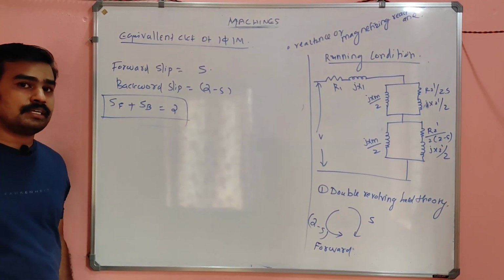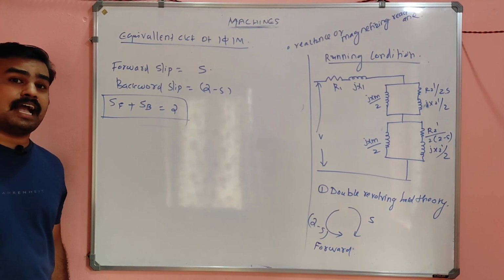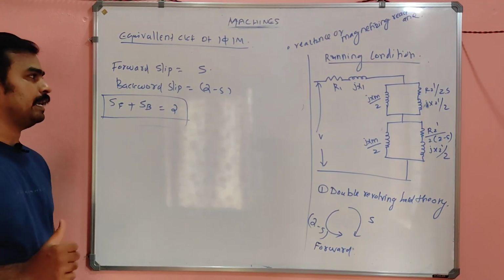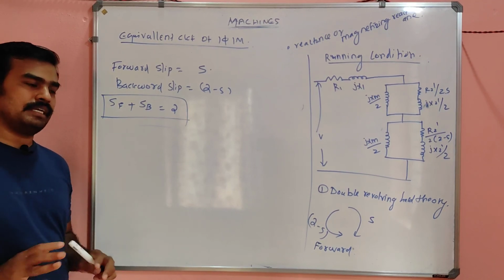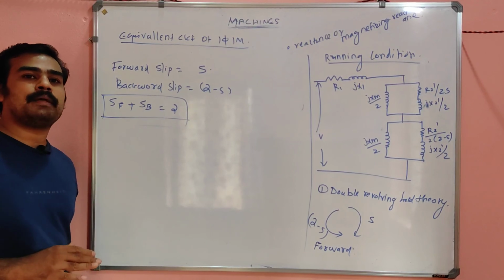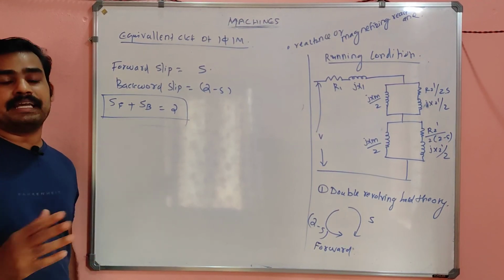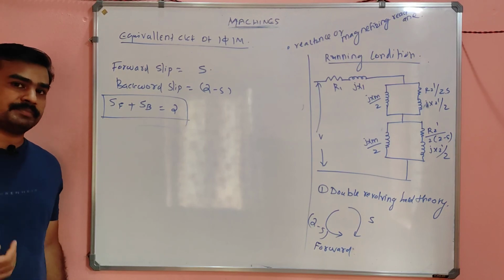In an examination there was one question, I attended that question and I still remember it. In a single phase induction motor, what is the backward slip? Directly they asked for the backward slip.